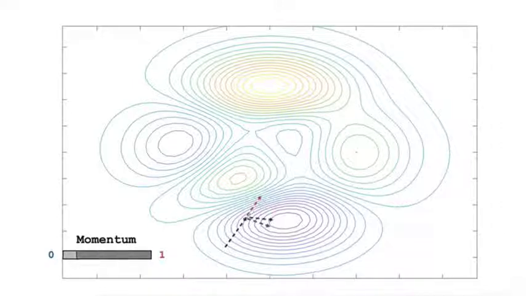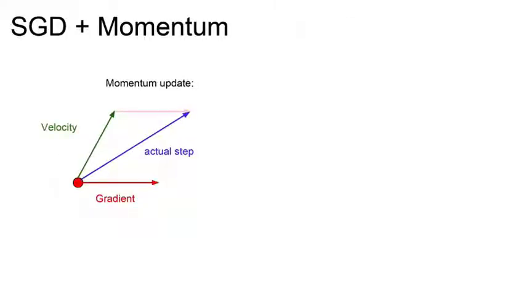But if momentum is small, you diverge to match the direction of the new gradient. So tuning this momentum along with the learning rate are also things that you can change to change how fast your network learns. Simply put, the actual step is some convex combination of the gradient and the velocity or the momentum direction.